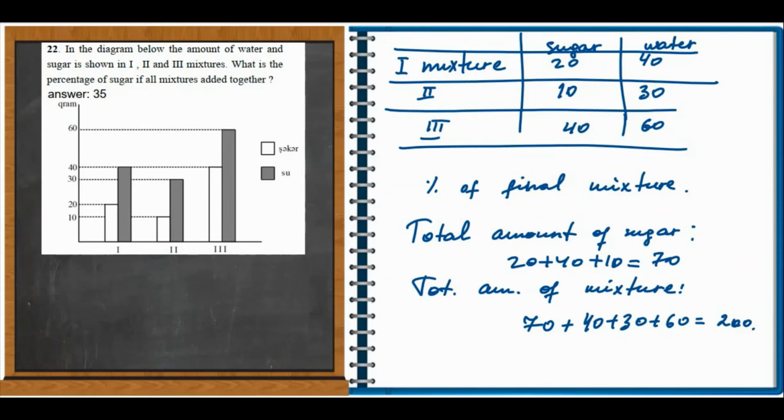The percentage of sugar in the final mixture will be the amount of sugar over the amount of total mixture multiplied by 100. So we can cancel zeros. It will be 35%. The correct answer is 35.